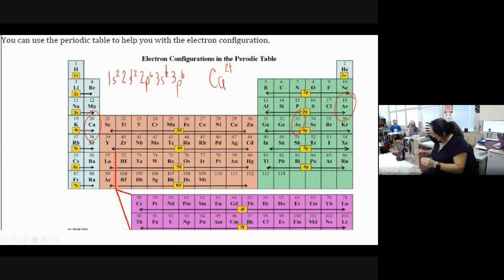So it's still calcium. Remember, the identity of these atoms is based on the number of protons. That's what gives its identity, is the number of protons. Its electrons have changed, so its bonding is going to change and that sort of thing. But it's still calcium. It has the same electron configuration as argon, but it's not argon.